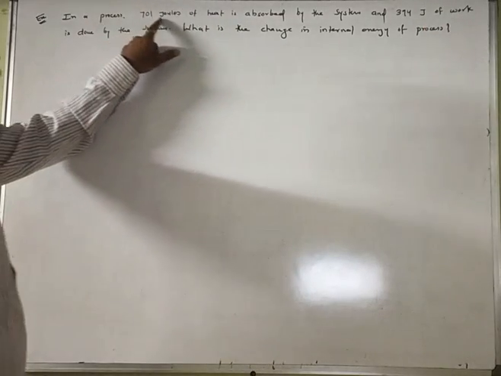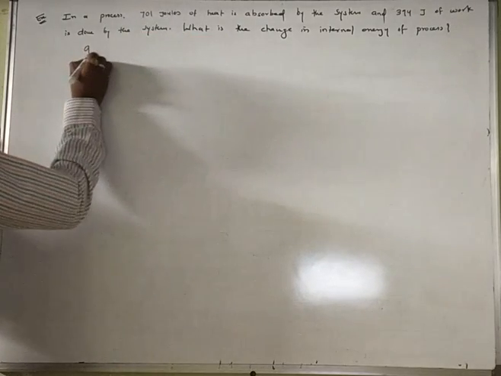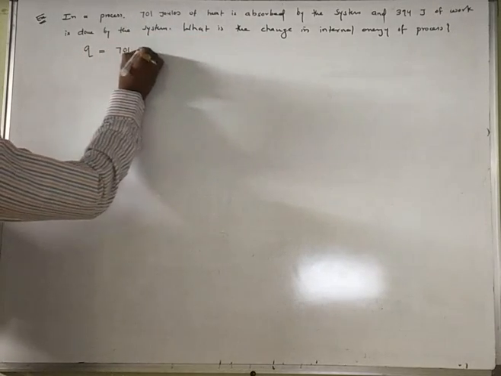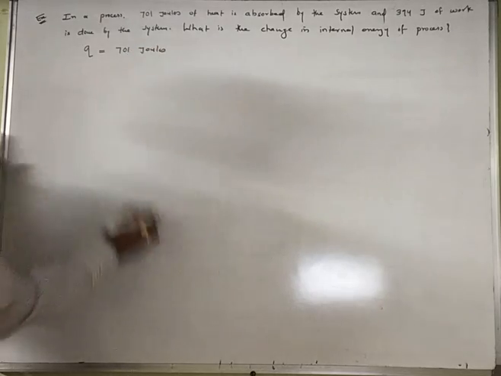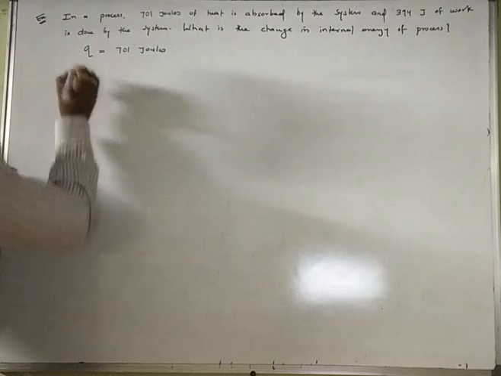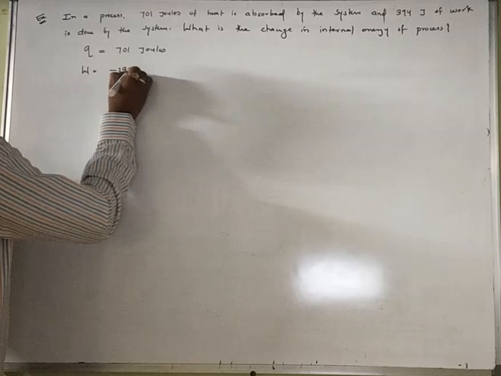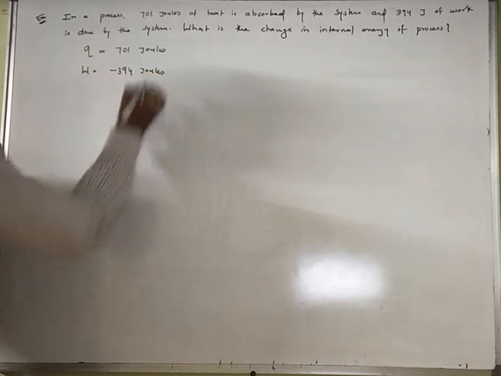701 joule of heat is absorbed. Absorb means Q is positive, 701 joule, and 394 joule of work is done by the system, so W is negative, minus 394 joule.